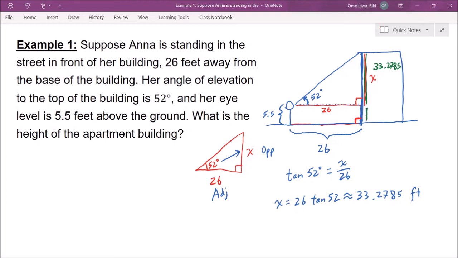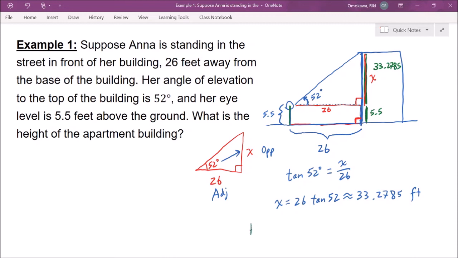And so what is that little bit down here? Well, if you look, this is the same as the eye level on the person, right? It's that same distance except transferred over here. So we can say this part is 5.5. And now the final answer, the total height of that building is this 33.2785 that we found on our right triangle, plus the extra from the person's eye level.